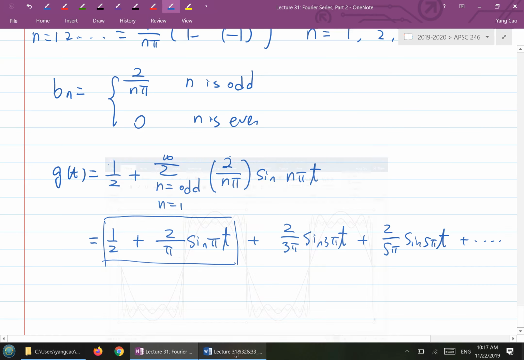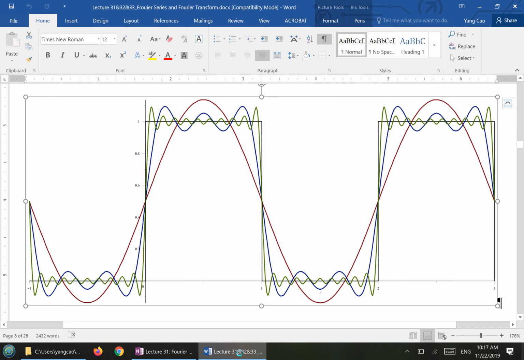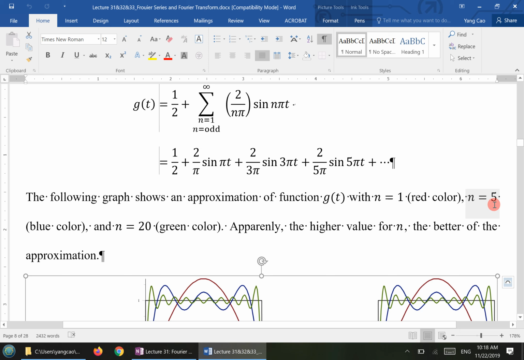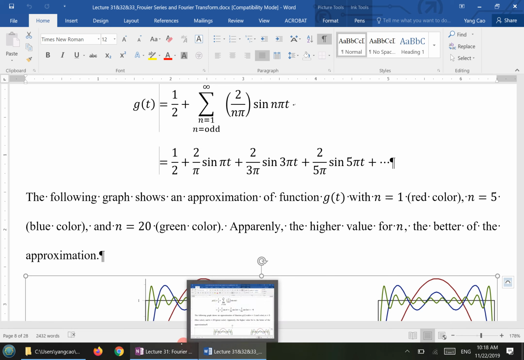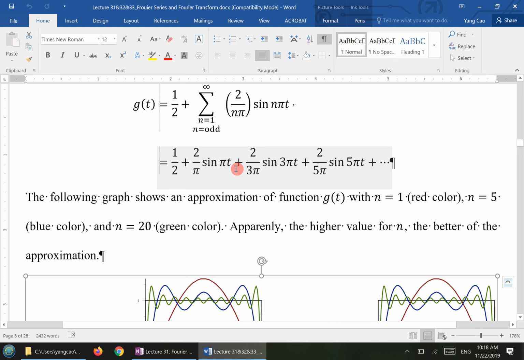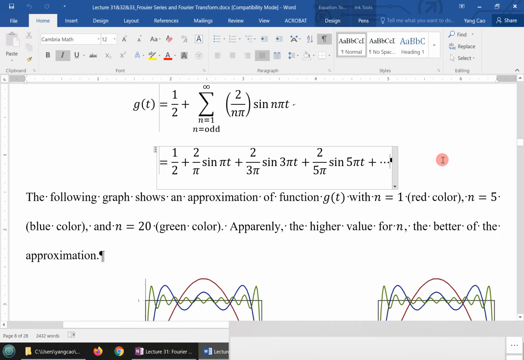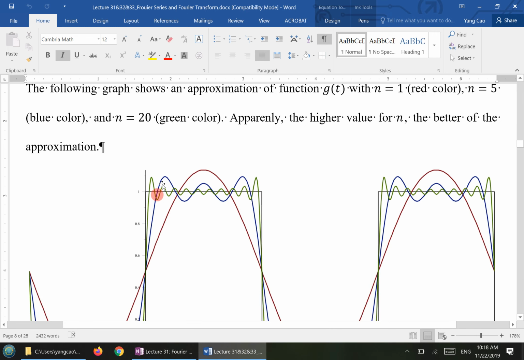And if you plot the first 5 sinusoidal terms, so what does that mean? Basically 1, 2, 3, 4, 5. So 5 terms over there. Then you get the blue color one here. Okay.